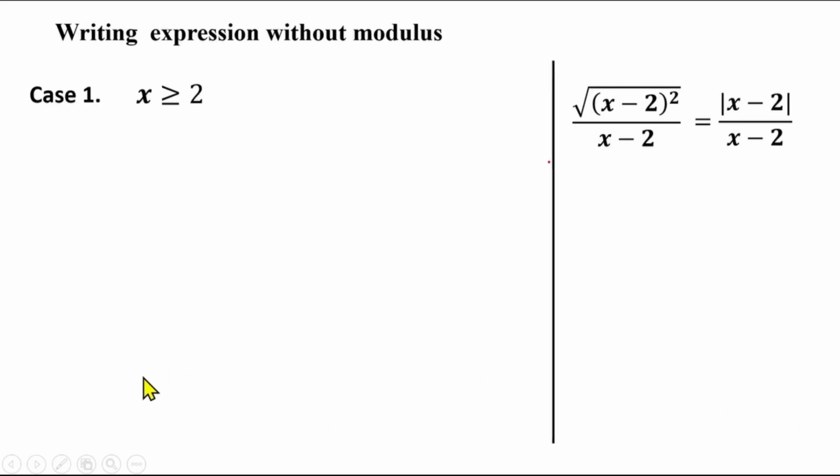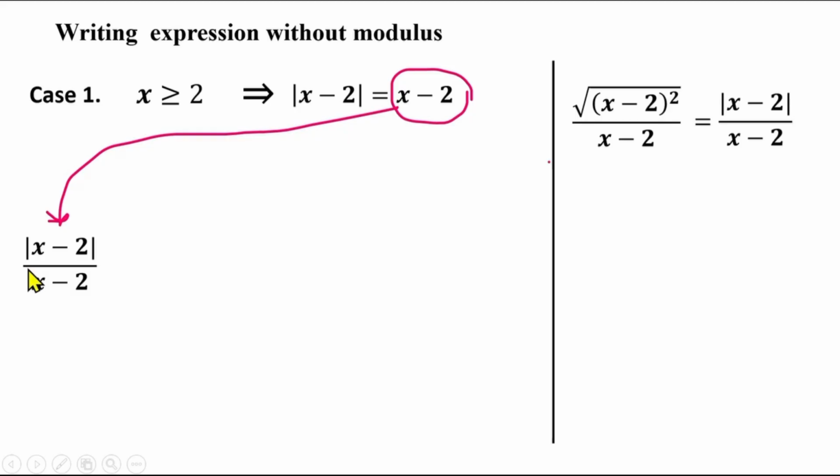Let's start with case 1, and for this case we write the expression without modulus. Modulus equals x minus 2 for case 1. Then we take the right-hand side of this equation and replace modulus with x minus 2. So we have this.